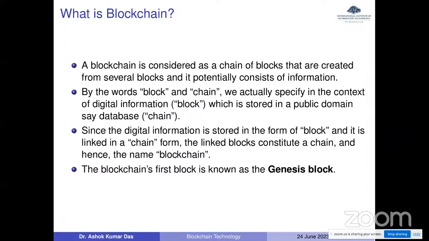So the digital information is stored in the form of blocks, and it is linked in a chain form. The linked blocks constitute a chain. That's why we have the name blockchain, meaning a chain of blocks.